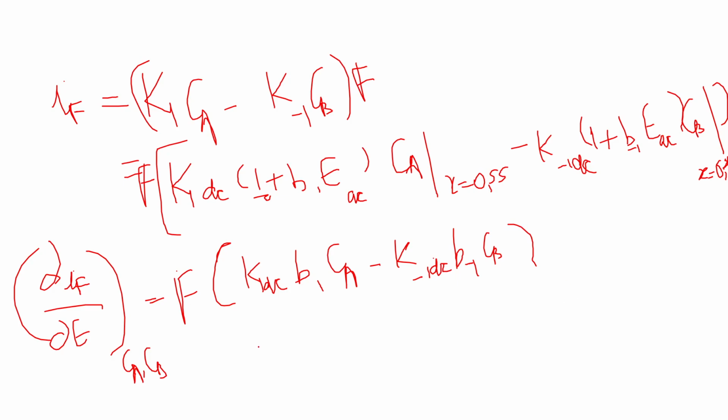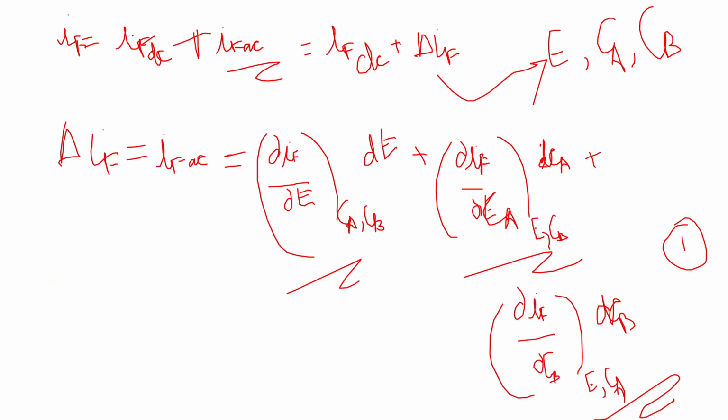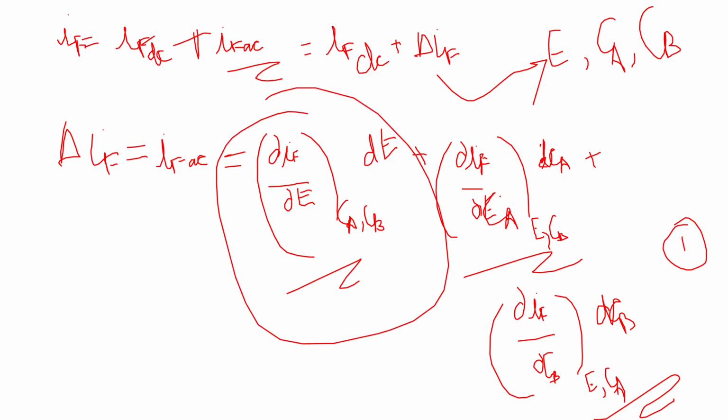So this will be the first equation, dou IF by dou E, which we will be substituting over here. Now the next one is dou IF by dou CA.